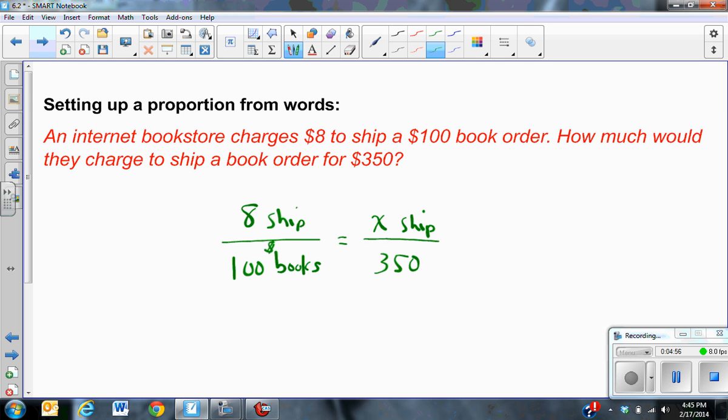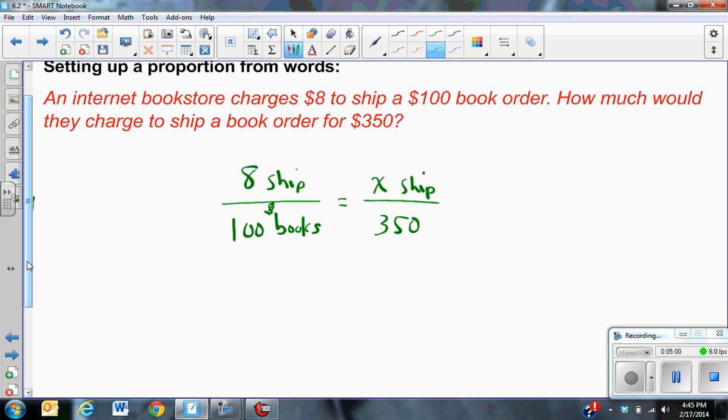You don't actually have to write out the words, but just think about it. If you're writing 8 is to 100, you have to realize that the dollars for the books, since it went in the denominator on the left side, has to go in the denominator on the right side. Then you have x here. So how would you solve that? I could think, well, 100 times 3.5 would give me 350, so I have to multiply 8 by 3.5.